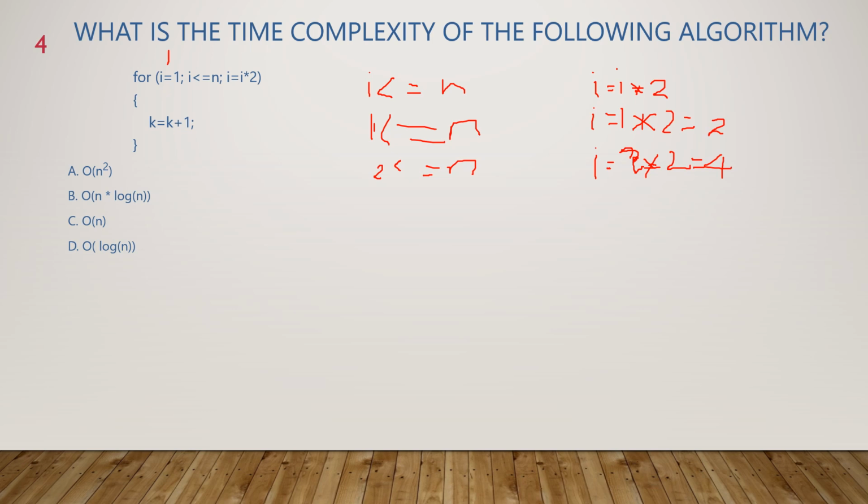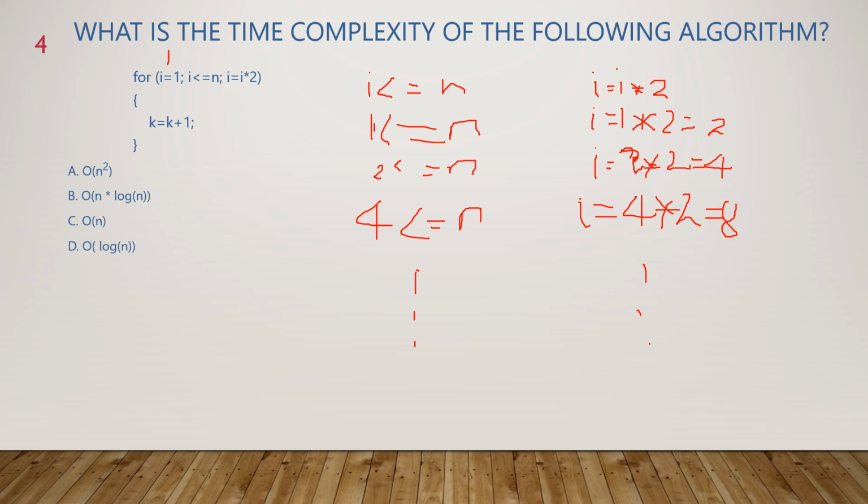And then 4 is less than or equal to n. Then 4 times 2 will be 8, and I is changed to this one. It goes like this.